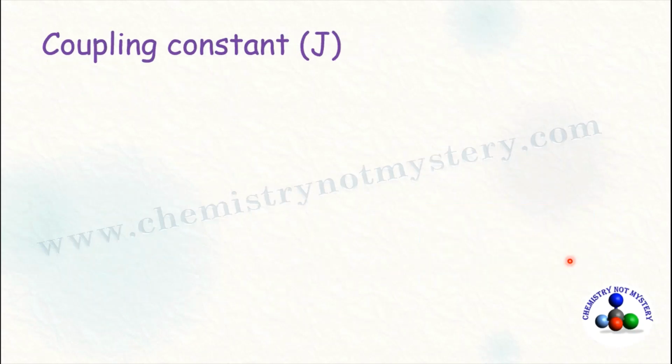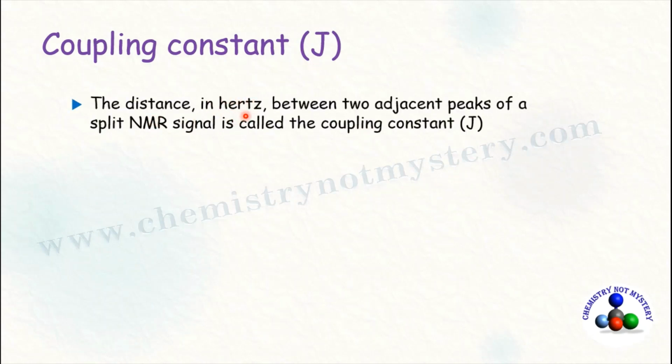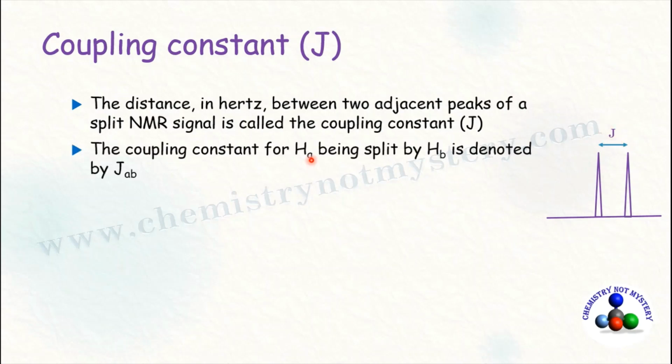So let's try to understand what is coupling constant. Coupling constant is the distance in hertz between two adjacent peaks of a split NMR signal. It is denoted by a capital letter J. For example, if this is the doublet, the distance between these two peaks in hertz is the coupling constant or J. If the signal of proton A is being split by proton B, then the coupling constant will be denoted by JAB.